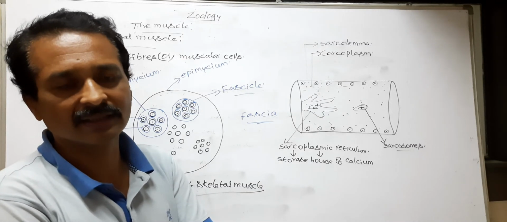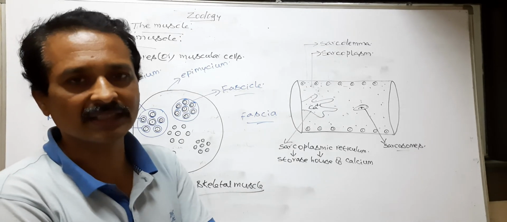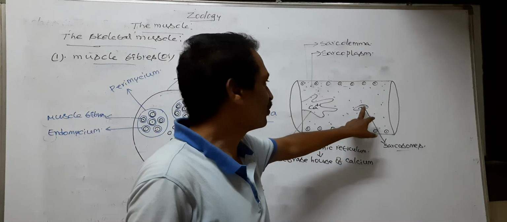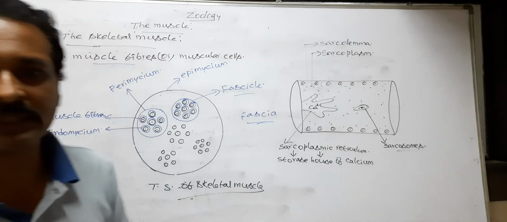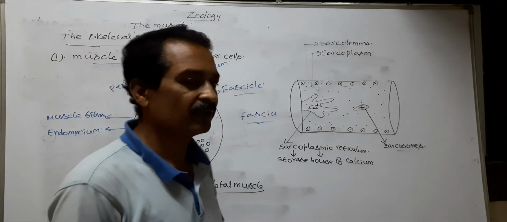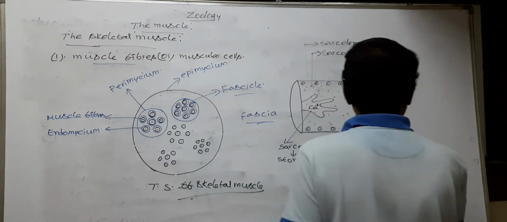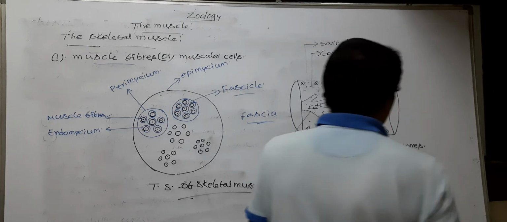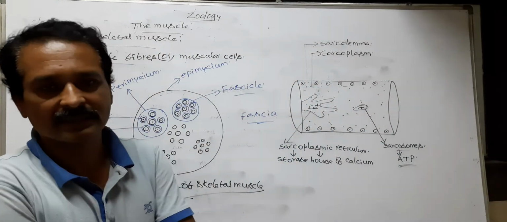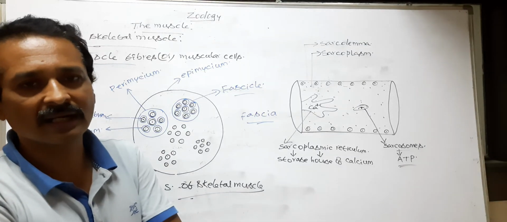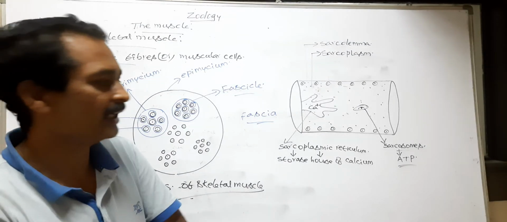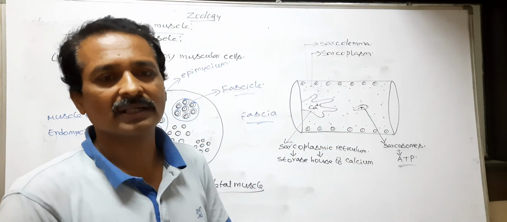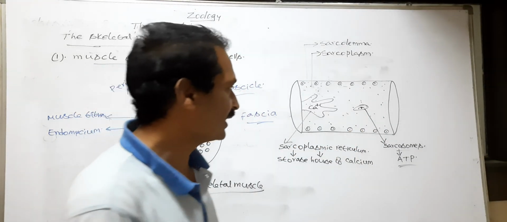They produce energy in the form of ATPs. Here, the sarcosomes of skeletal muscle fiber also produce ATPs. These ATPs help in muscle contractions. So ATPs give energy to muscles for muscle contractions.